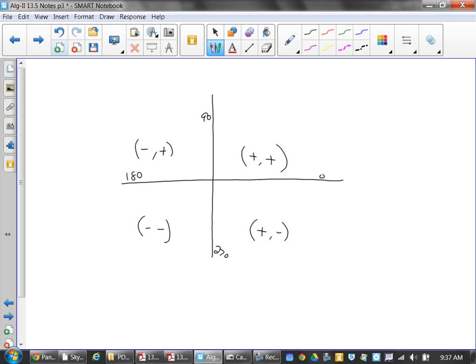So that tells me my sine values are positive in the first and second quadrants, which means there's always a positive value of sine for any angle between 0 and 180 degrees. Does that make sense?